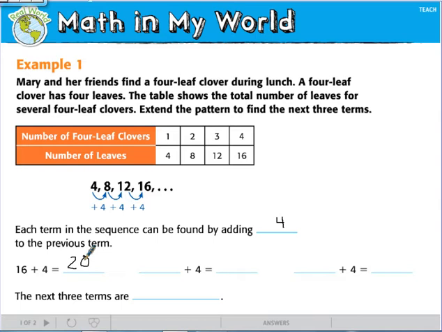Then we have 20 plus 4, 24. And then we have 24 plus 4, 28. Now it says the next 3 terms are 20, 24, 28. Okay.